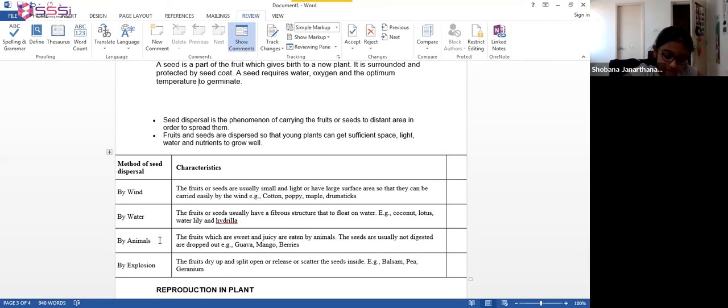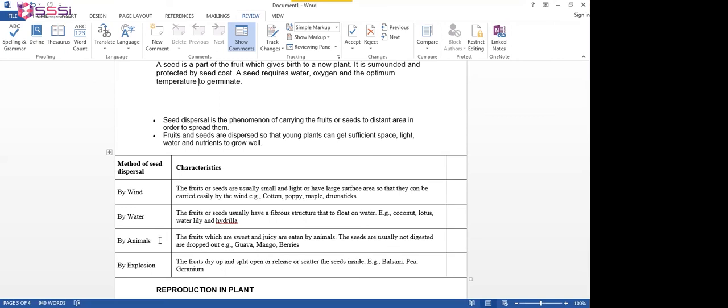Yes, ma'am. So next is by animals. The fruits which are sweet and juicy are eaten by animals, and the seeds are usually not digested or are dropped out, right? The animals would eat the fruit and they would drop the seed of that fruit wherever they want.